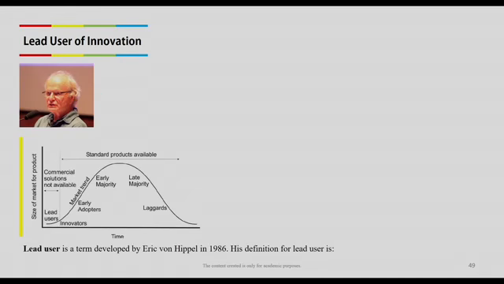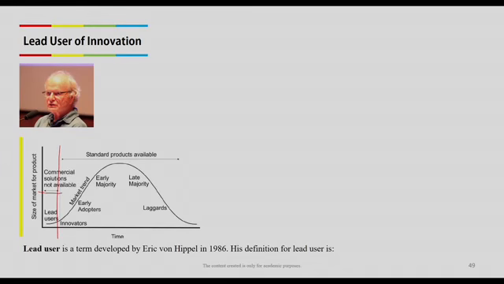Lead users are positioned to benefit significantly by obtaining a solution to their needs. In simple words, lead users are those users who understand the real problem, they make some innovation, and later on these innovations are taken by manufacturers.